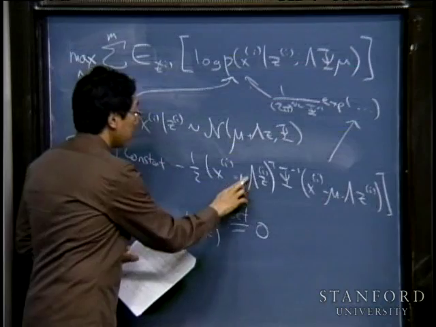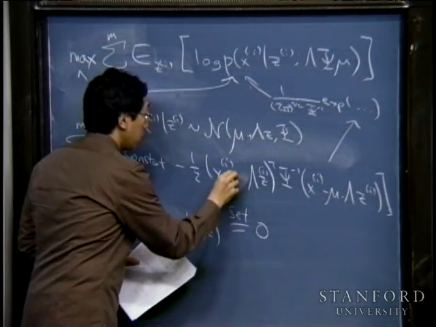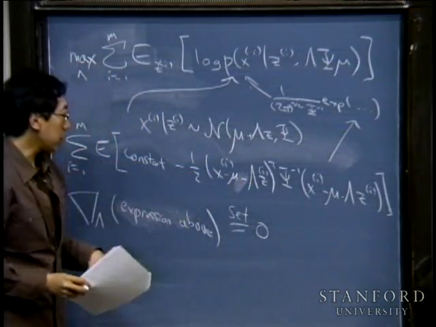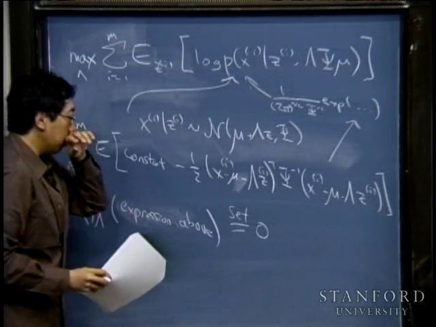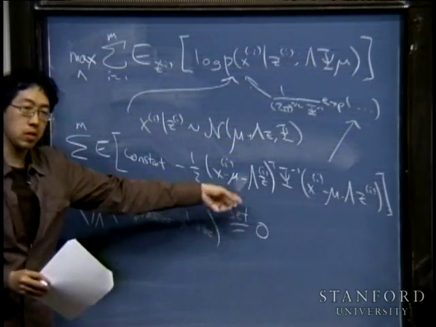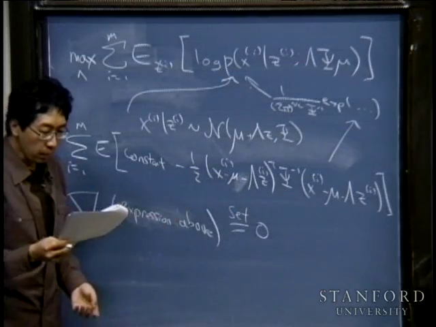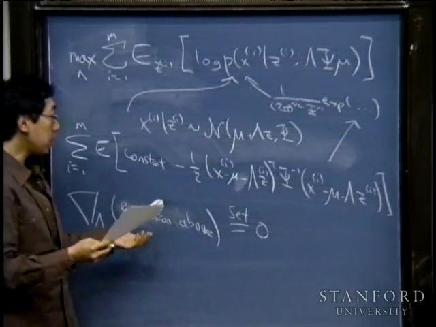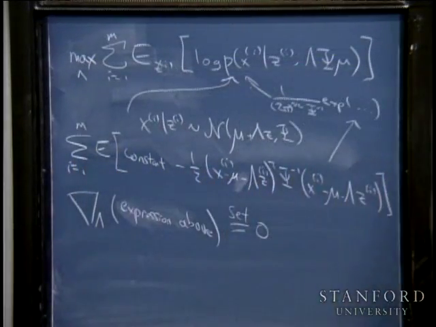Excuse me, it's a minus sign. And set the derivative of this expression to 0. We set derivatives equal to 0 to maximize things. When you do that and simplify, you end up with the following.